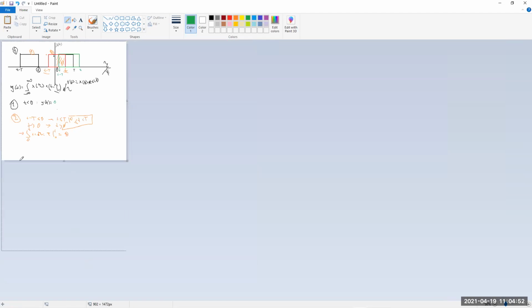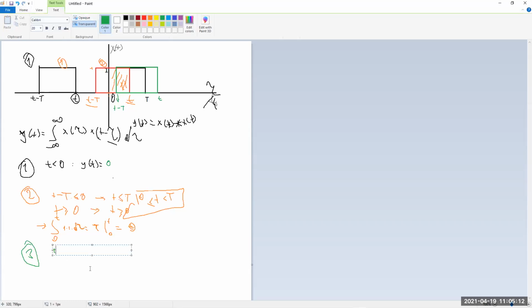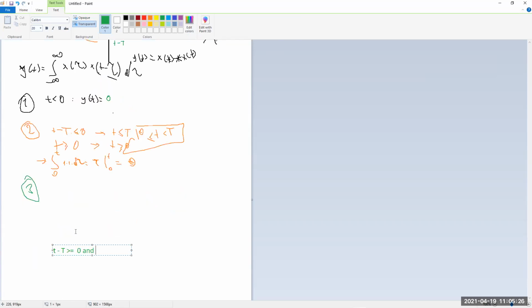Let me first. The third boundaries are when t minus big T is bigger than or equal to 0.